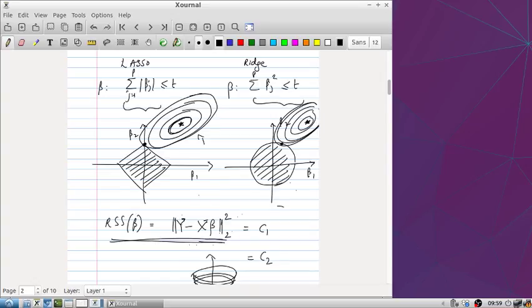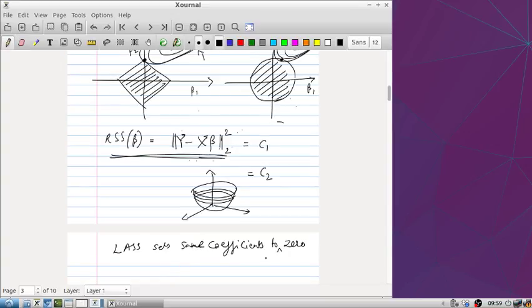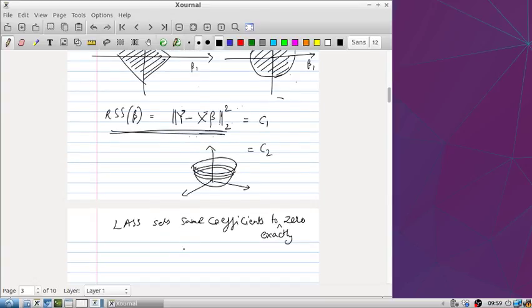Lasso sets some coefficients exactly to 0, whereas ridge makes them close to 0, which we saw because of the SVD version last time.